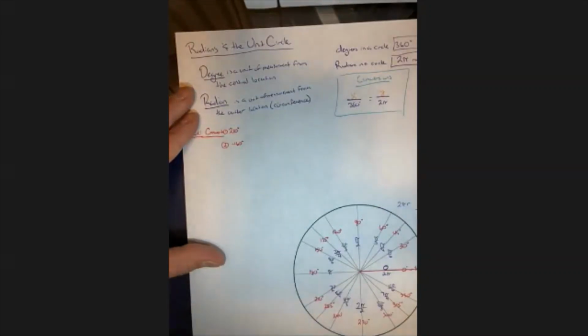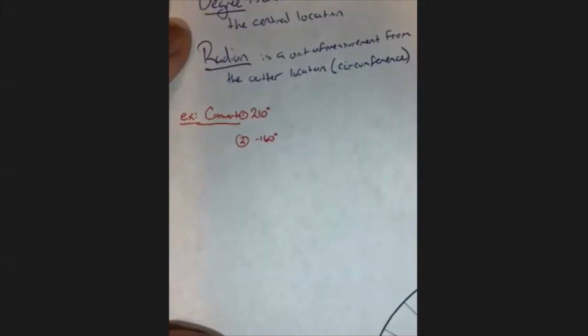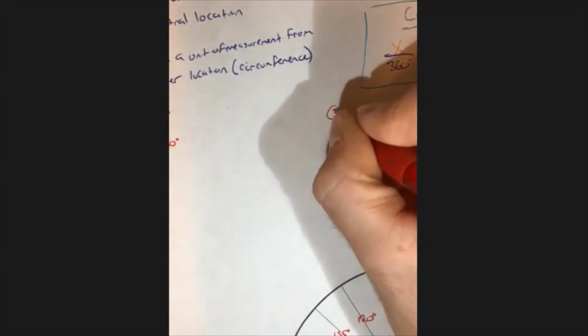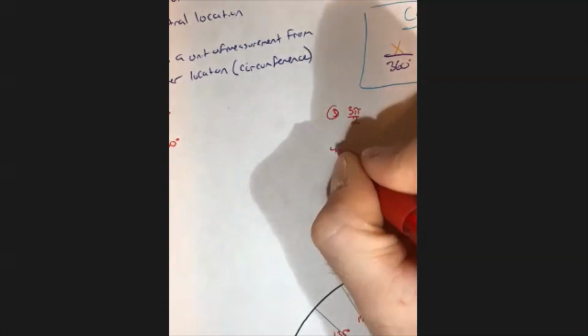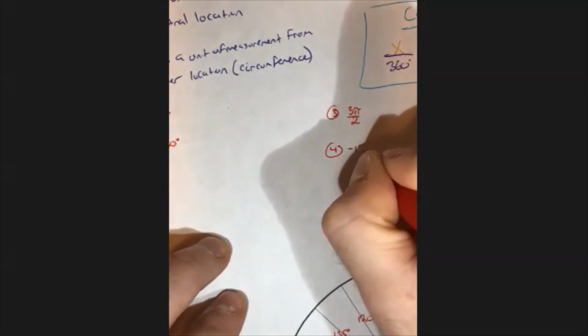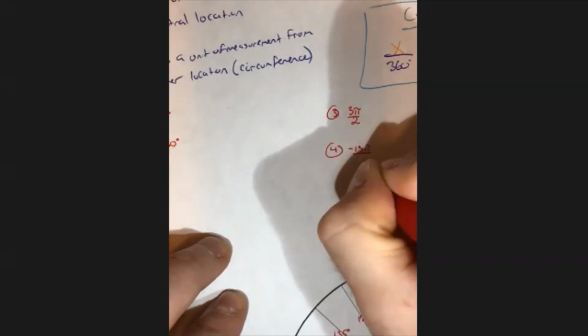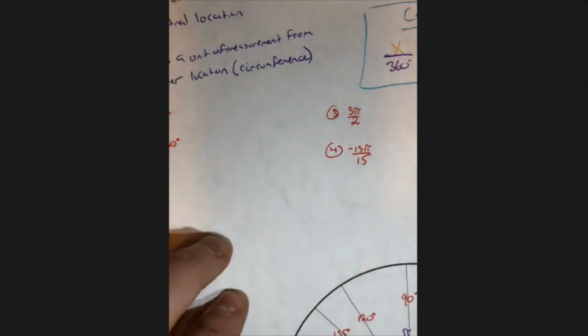It's a negative degree marker. Zoom in. I'm going to convert 3 pi over 2, and I'm going to convert negative 13 pi over 15. That's what I'm going to work with.